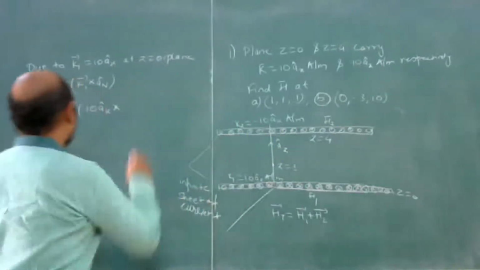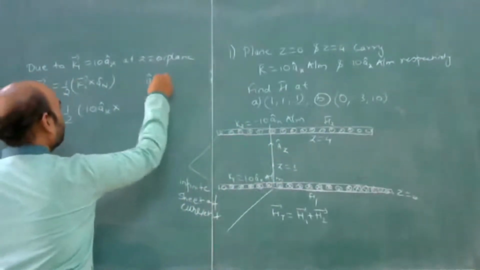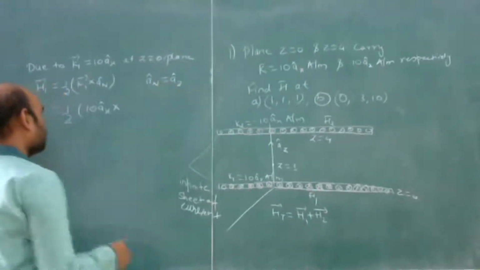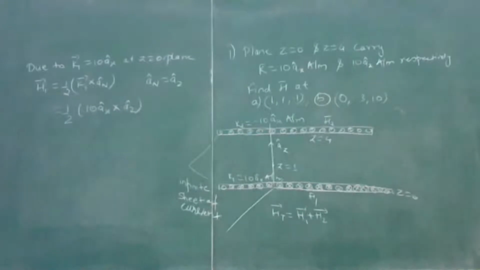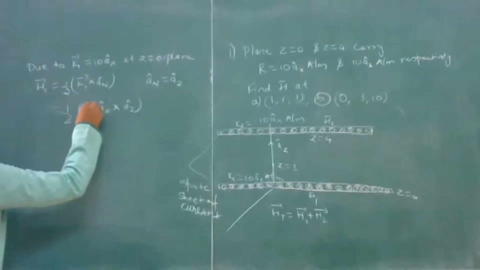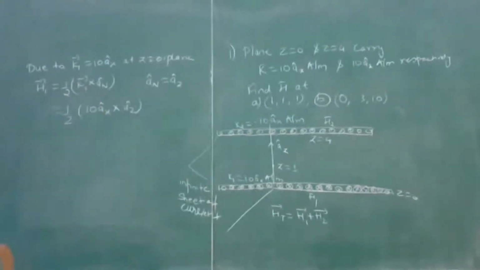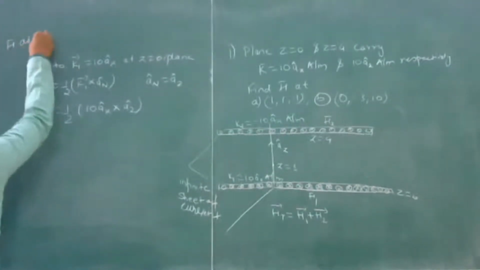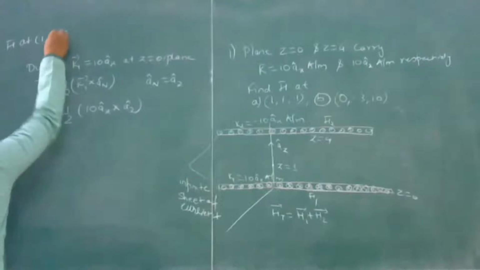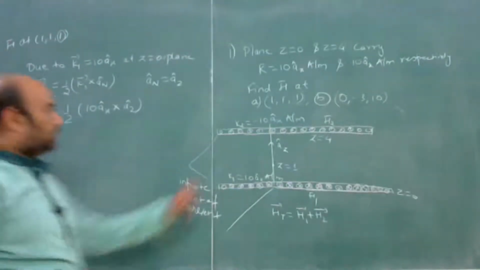Here a_n will be equal to a_z, since we are finding H at (1, 1, 1), concentrating on the z coordinate only.